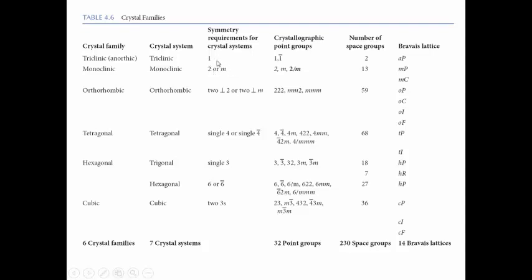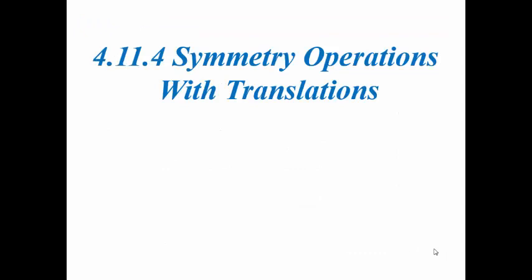Here's all the list of crystal groups, point groups, the number of space groups, and the Bravais lattice. And you can see that sums to 6 crystal families, 7 crystal systems, 32 point groups, 230 space groups, and 14 Bravais lattices. Of course, I do not expect you to memorize any of these numbers. We want to get concepts here, not numbers.